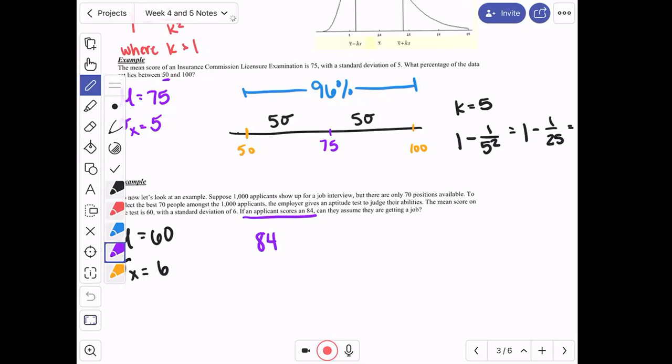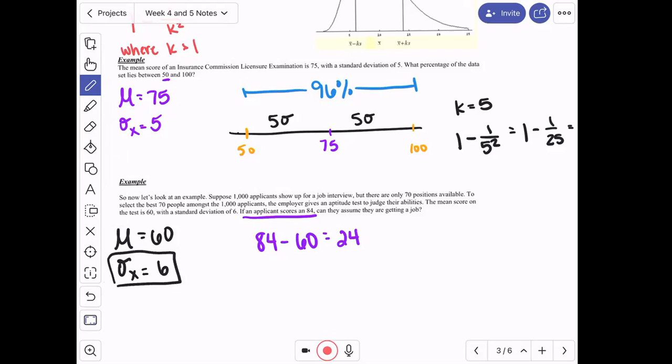You scored an 84 minus 60, which is equal to 24, right? Our standard deviation is 6, so we divide 24 by 6. That equals 4. You scored 4 standard deviations better than the mean. That's what this is saying.